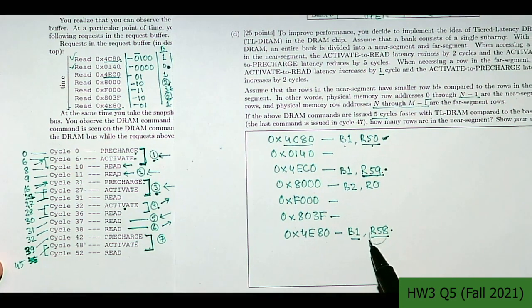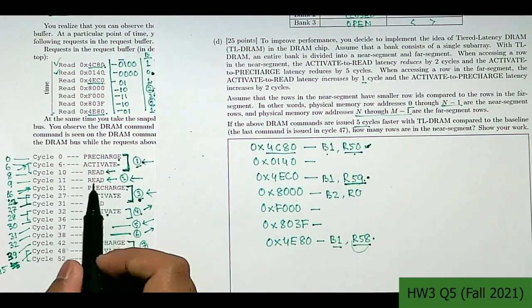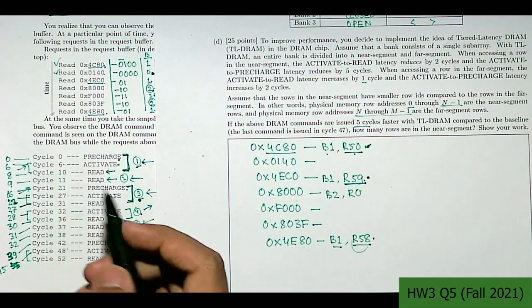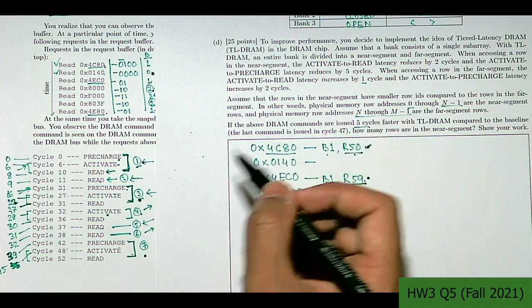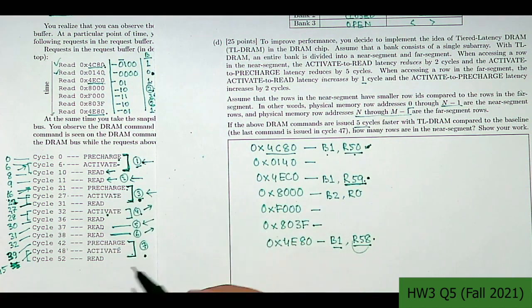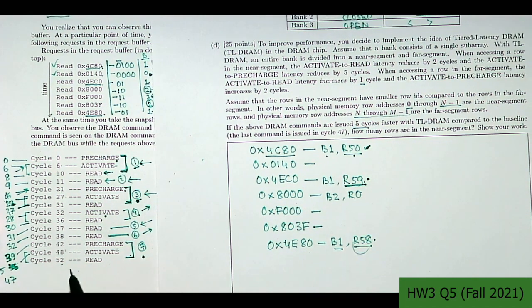If this is a fast segment, activate to read, which used to be 4 cycles, has to be 5 cycles now, but that will overshoot. So let's consider this to be a near segment, which gives you 2 cycles benefit. That means you can get it done by 47 cycles, which is 52. Everything matches, you're happy. That's it.